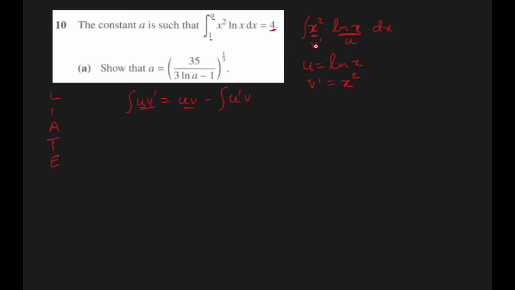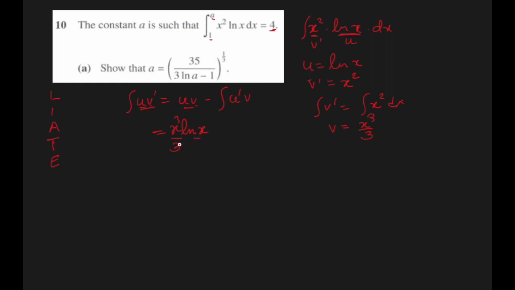So our answer for this question will be u, which is ln x, times v, but we don't have v. So to find v, we will have to integrate v prime. So we'll have to integrate x square also. So v becomes x cube over 3. Let me write it in front, x cube over 3.